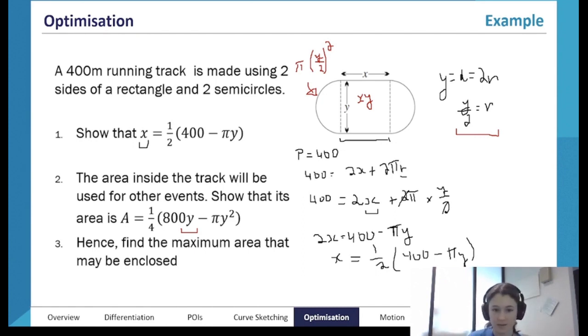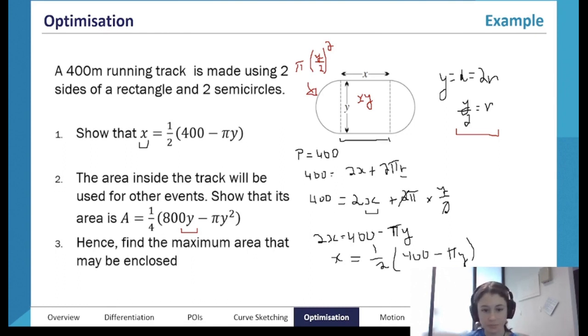Take a second, pause the recording to have a think about what we could do here. I'm going to go over the solution now. So what we need to actually do is substitute a value in for x, right?